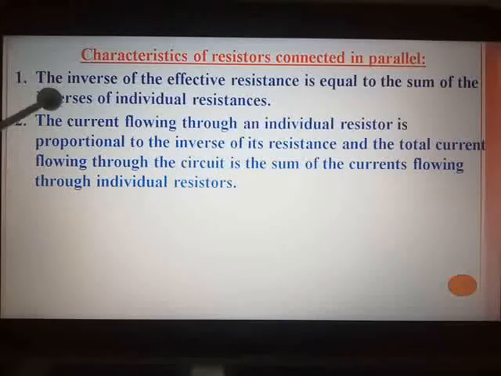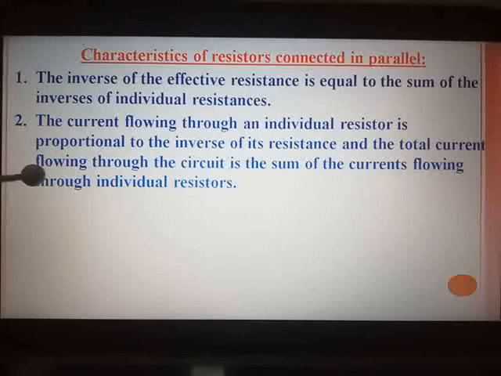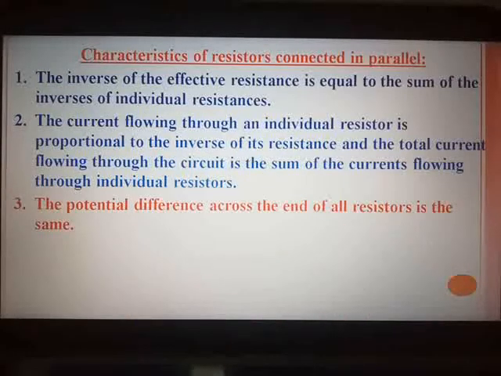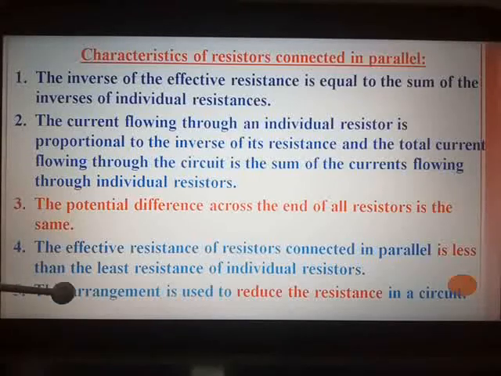Second, the current flowing through an individual resistor is proportional to the inverse of its resistance, and hence the total current is the sum of the currents flowing across individual resistors. Potential difference is the same. The effective resistance of resistors connected in parallel is less than the least resistance, and this arrangement is used to reduce the resistance in a circuit, whereas series combination is used to increase the resistance in a circuit.